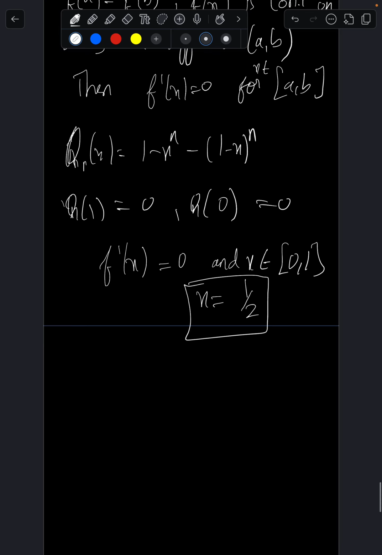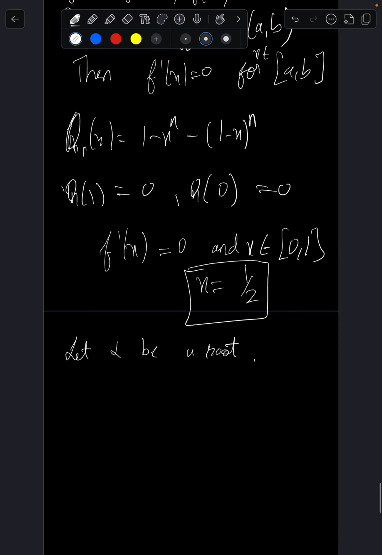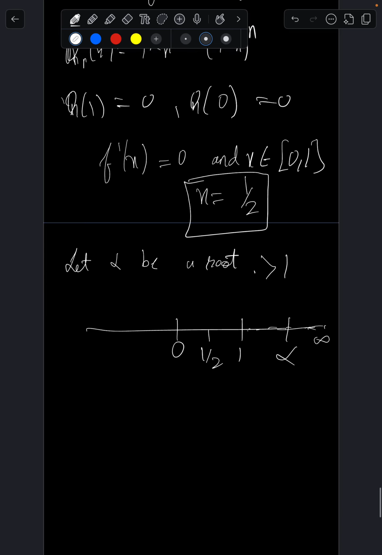Now let alpha be a root greater than 1. Alpha is greater than 1.